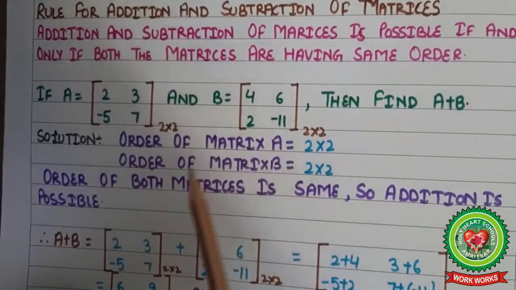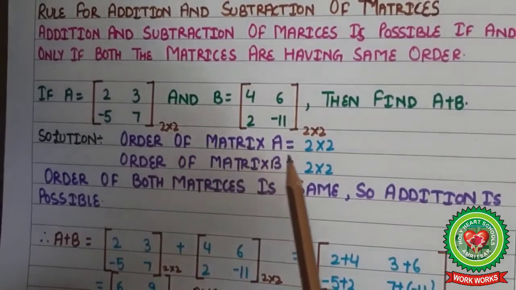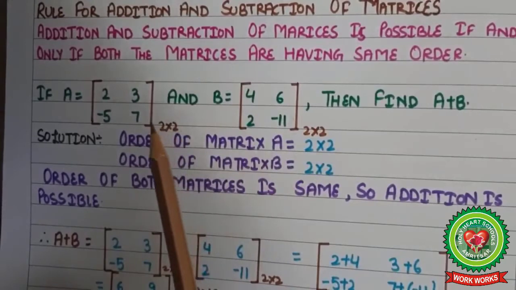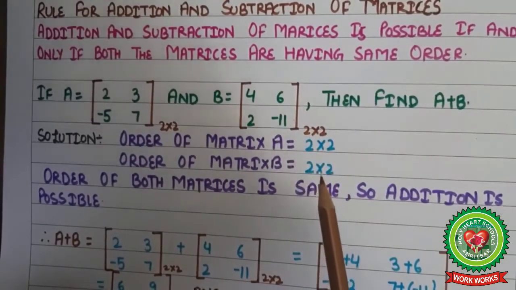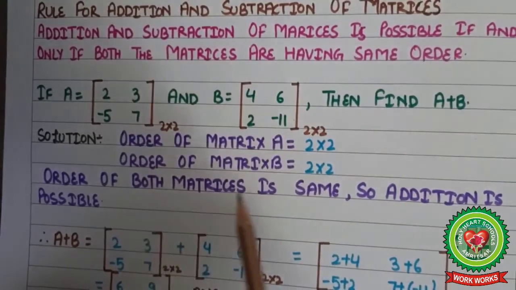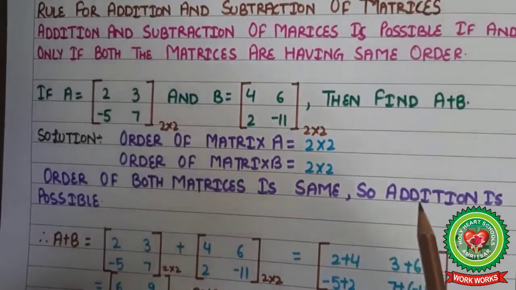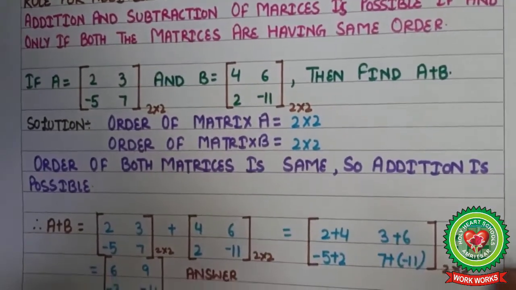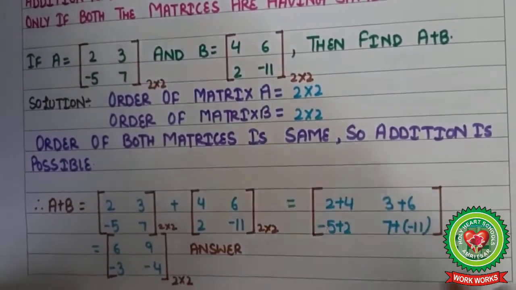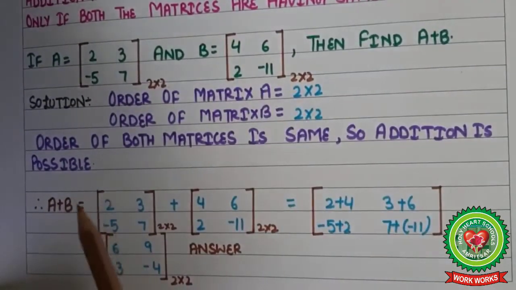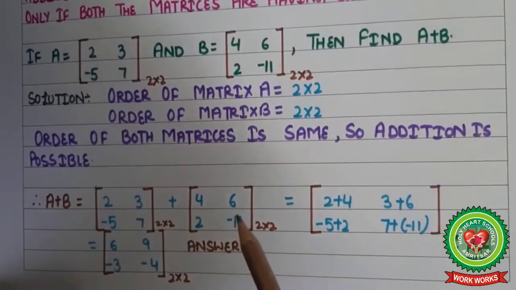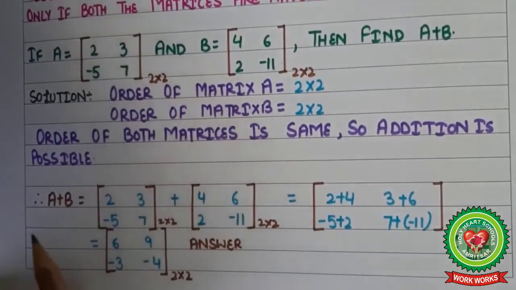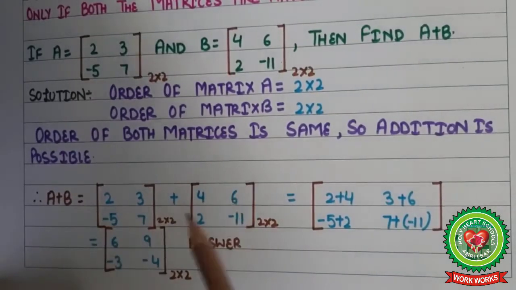First of all, check the order. Order of matrix A is 2 by 2, and order of matrix B is also 2 by 2. Order of both the matrices is the same, so addition is possible. Now start with the addition. Now find A plus B equals matrix A plus matrix B. Now what is the rule of addition? Corresponding elements will be added.